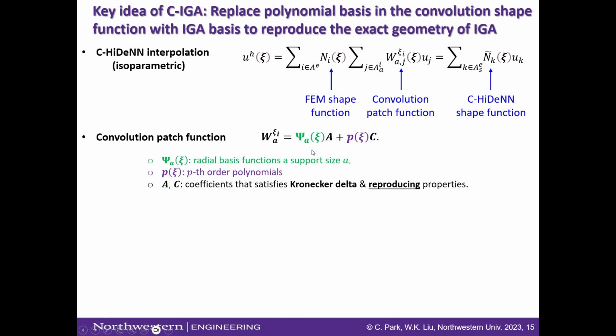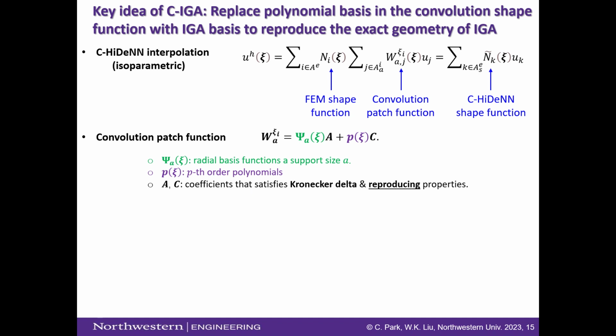One is the radial basis, this green one, and the polynomial basis as the violet or purple one. So these two functions satisfy the Kronecker delta and reproducing properties. So these A and C coefficients are found such that they satisfy these two conditions. So this was the idea of C-HiDeNN.